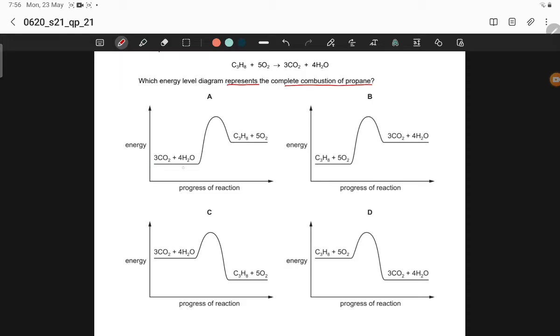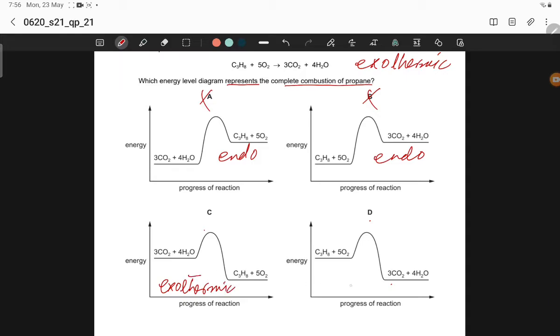CO2 and H2O. This reaction is exothermic, and this energy profile diagram is for endothermic. This is also endothermic, so it is incorrect. So C and D are exothermic energy profile diagrams.